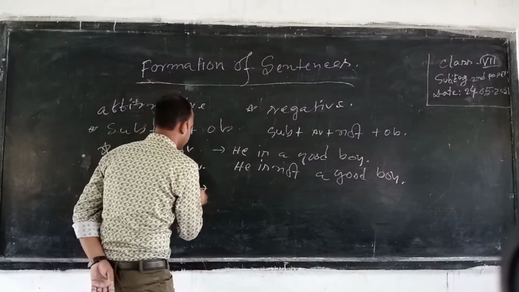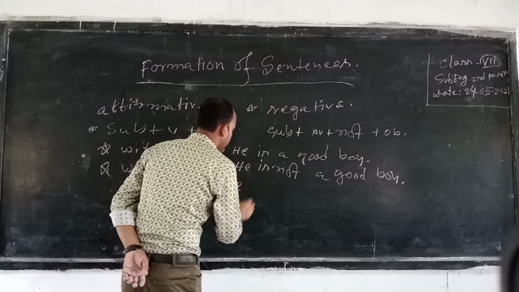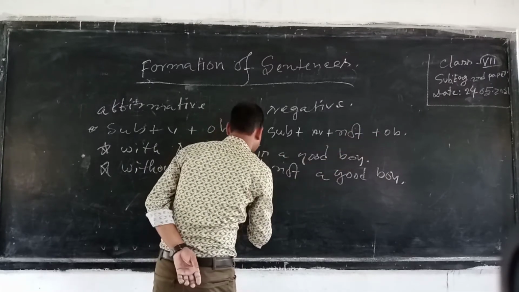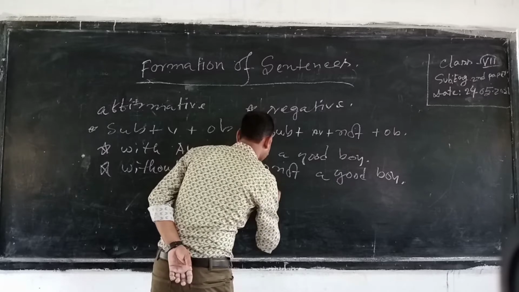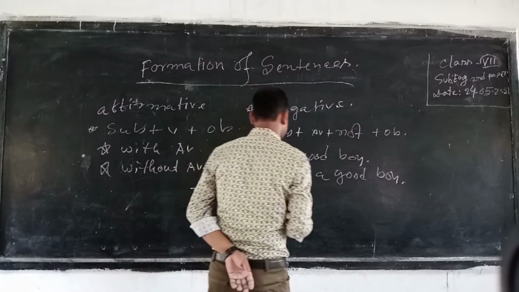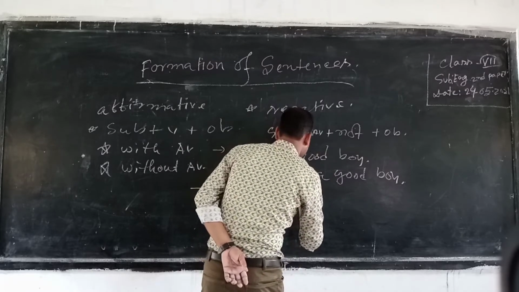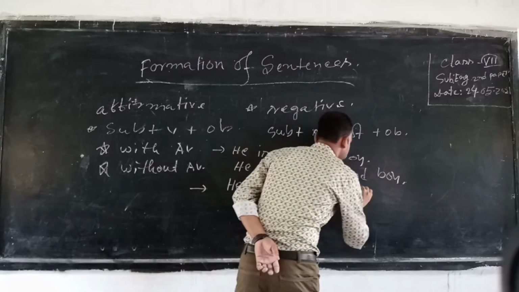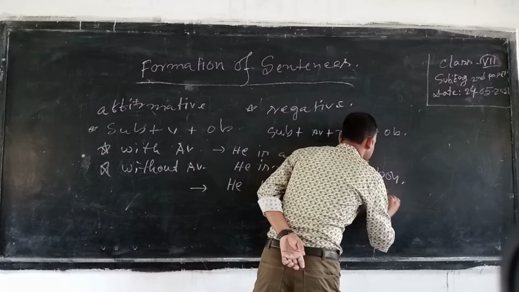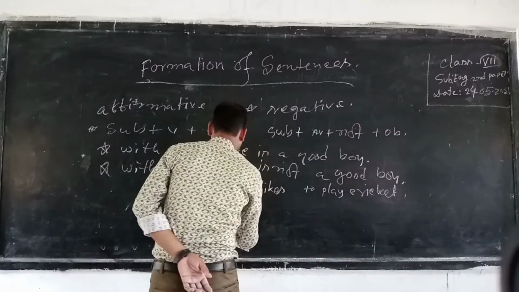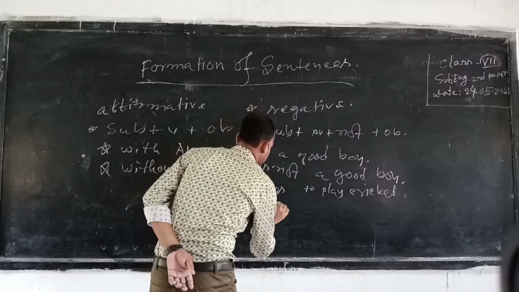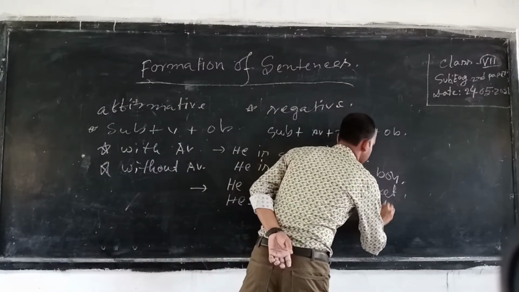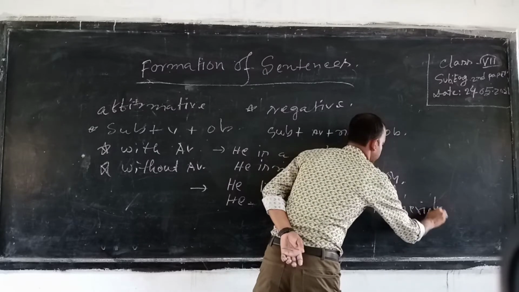Without auxiliary verb: he likes to play cricket. Then, he doesn't like to play cricket.